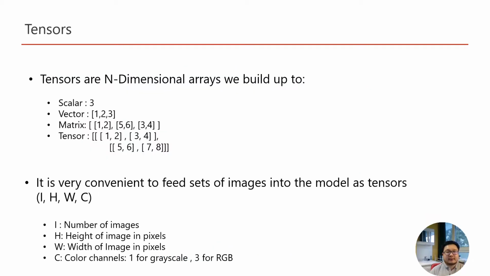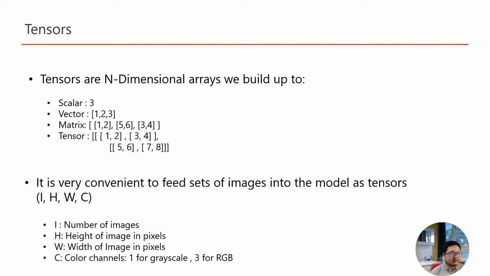So before we discuss the components of the convolutional neural network, we want to first revisit some concepts. First, the concept we would like to talk about is the tensor. Tensors are n-dimensional arrays. We have the examples of scalar, vector, matrix, and tensor here.